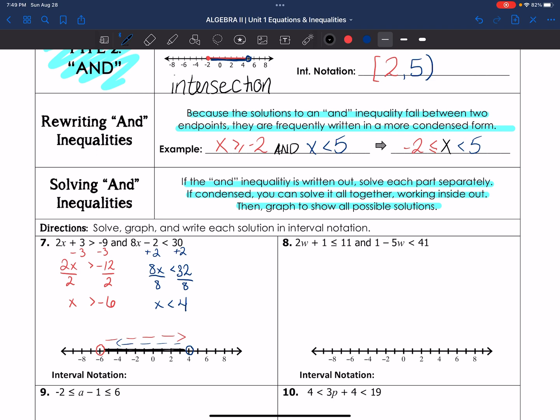That's going to represent our solution region. There you go. And writing that answer in interval notation, we'd have an open boundary at negative 6 and an open boundary at 4.